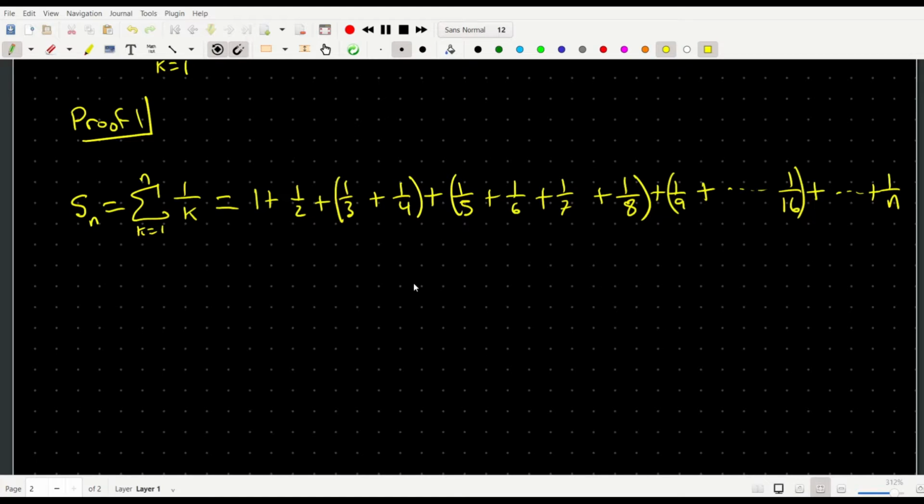What I want you to notice is that each one of these groups, 1/3 plus 1/4, is greater than 1/4 plus 1/4, because 1/4 is smaller than 1/3. So this entire term right here is greater than 1/4 plus 1/4, which is equal to 1/2.